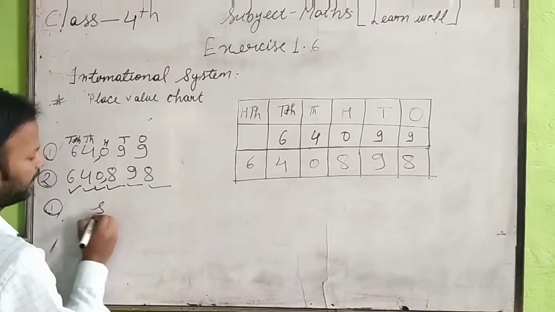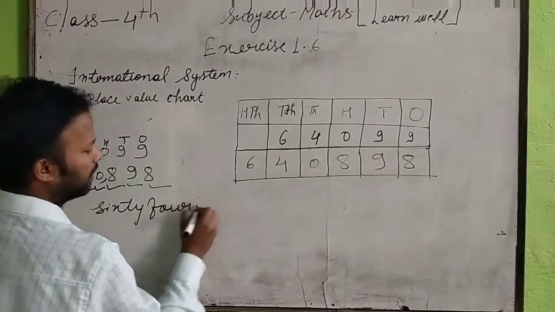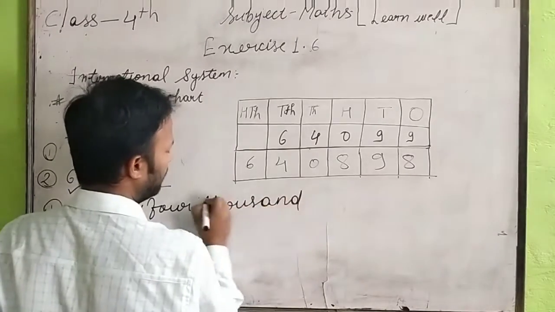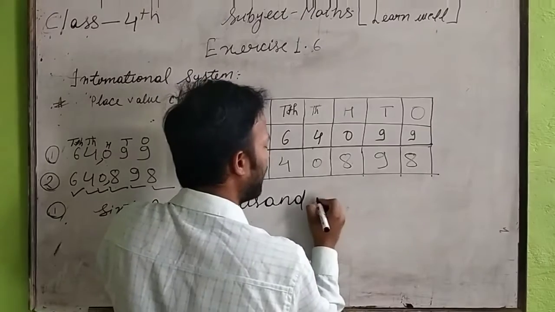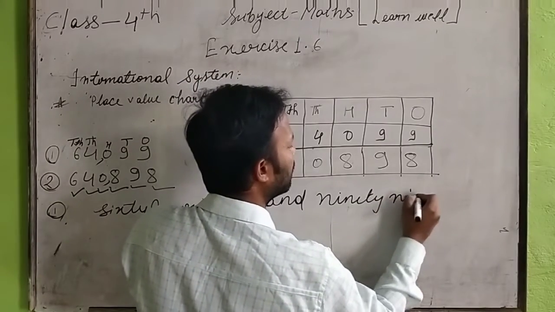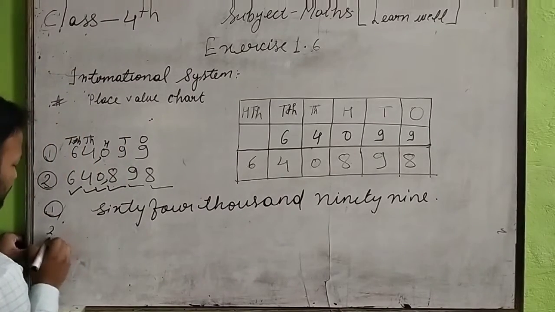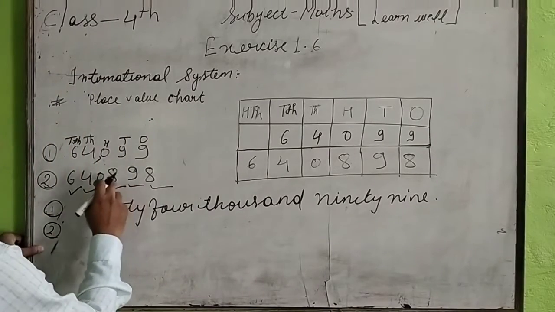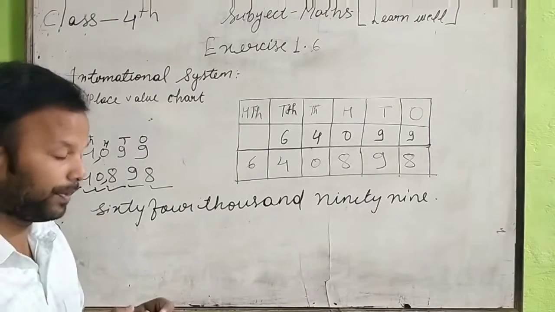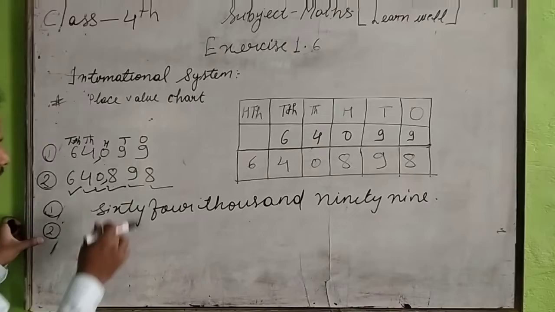The first one is to write in number form and write in words. 64,099. Now come to the second. The second is ones, tens, hundreds, thousands, ten thousands, lakh. This is the Indian system, but we have to write it in the international system. So how will we read it?